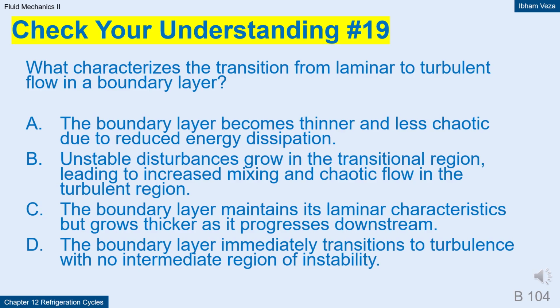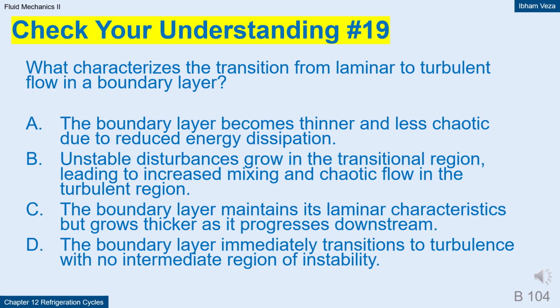Explanation of why other answers are wrong. A. The boundary layer becomes thinner and less chaotic due to reduced energy dissipation. Incorrect, because in turbulent flow, the boundary layer becomes thicker and more chaotic, with increased energy dissipation. C. The boundary layer maintains its laminar characteristics, but grows thicker as it progresses downstream.